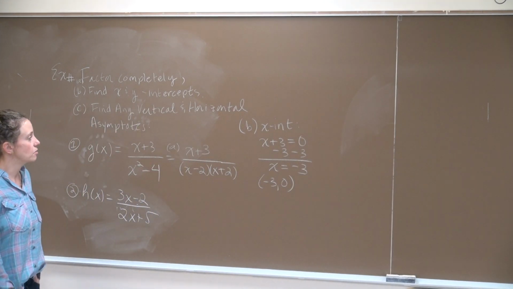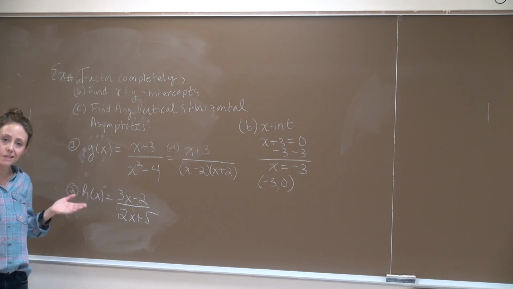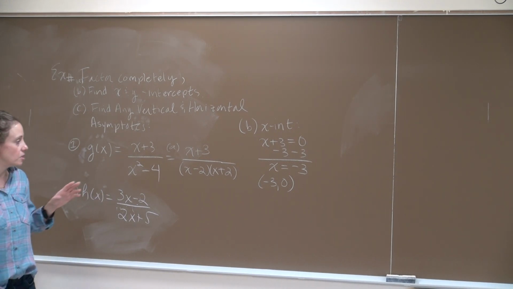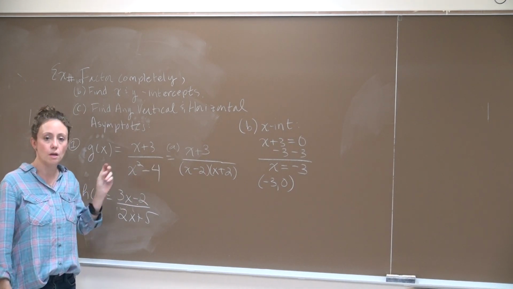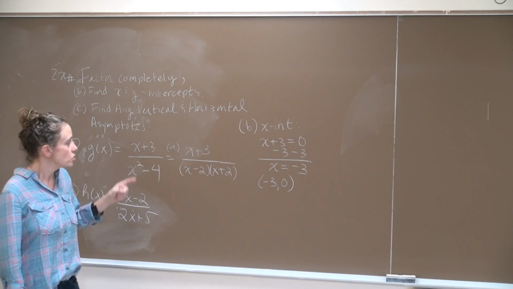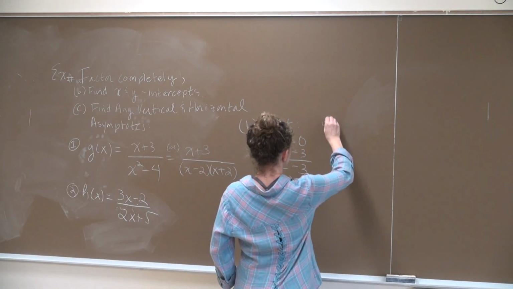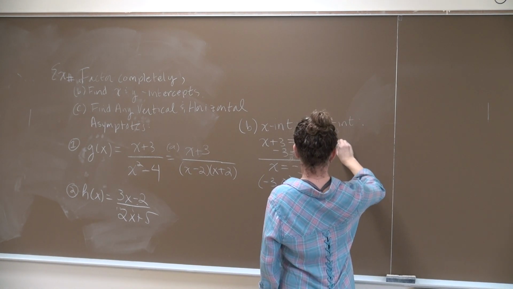So there's the x-intercept. Now the definition of the y-intercept, we're going to substitute 0 in every time we see an x. And you can substitute it into the factored version or the unfactored version. The answer is going to be the same. It's just easier to start with the unfactored version. So in order for us to find the y-intercept, let's substitute in 0 every time we see an x.